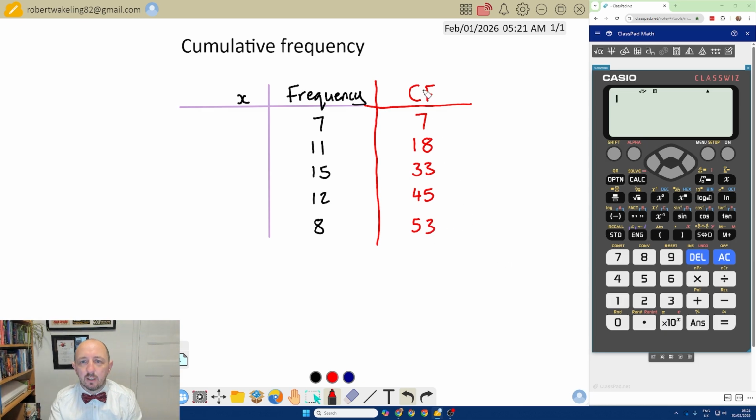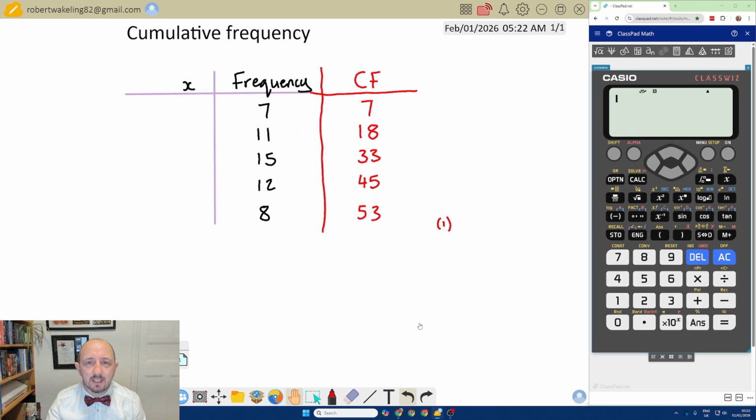Okay, so cumulative frequency is simply starting with the same number. It might not be a 7, but it'll be the same number in this first row, and then add as you go. You can use your calculator for this, it's no problem, but that's essentially what cumulative frequency is. So that's relatively straightforward. We usually only get like 1 mark for that.